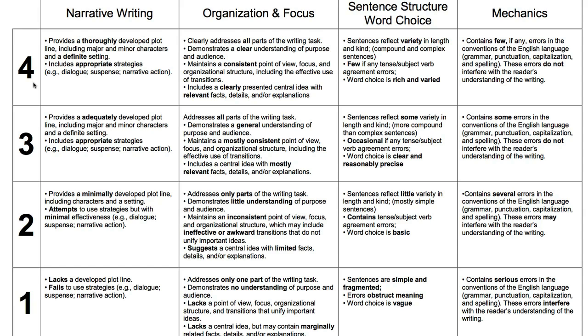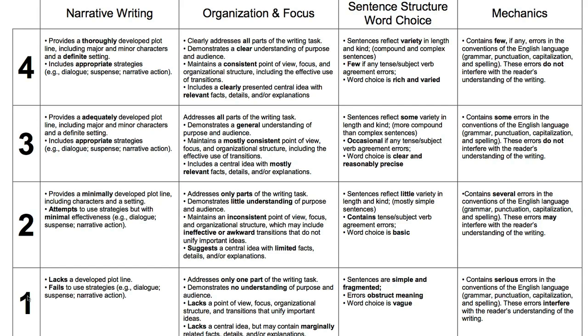And so these descriptions will correspond under the appropriate section as to what an excellent score would look like, what a good score would look like, what a fair score would look like, and what a poor score would look like.